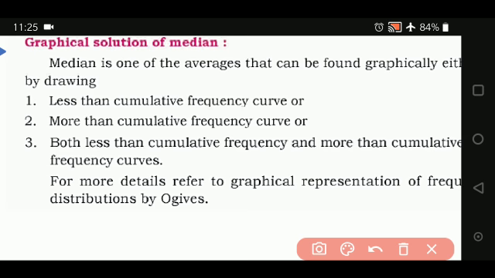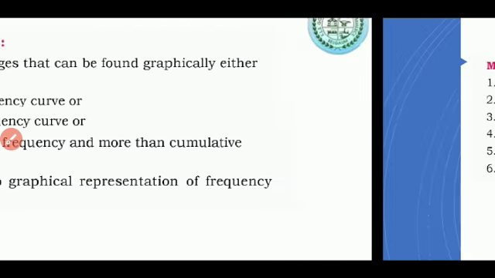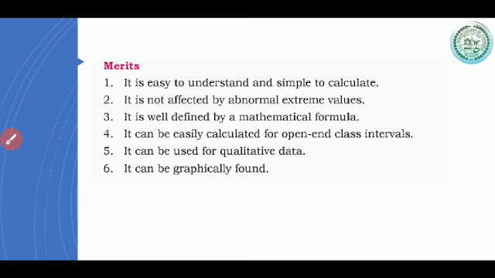For more details, refer to graphical representation of frequency distribution by ogives. So this is about median. Remember students, the median formula for ungrouped data you have to remember, and under grouped data, discrete there is one formula and continuous there is one formula.